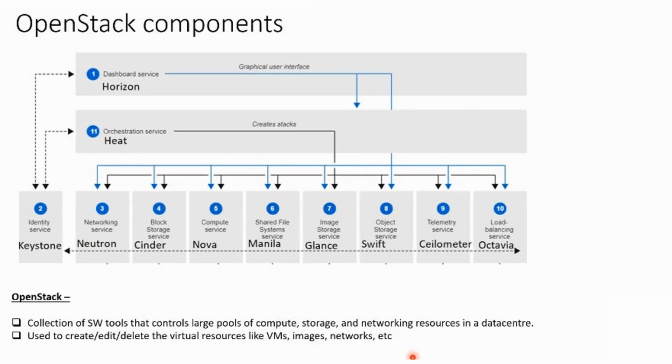If you're coming from a slightly database background, you may have heard about something called CRUD: create, read, update, and delete. Here, we are performing the CRUD operations on, again, the compute, storage, and networking stuff, which is nothing but the virtual machines. You create it, you may want to change it. And again, you create images, you create virtual networks. You may want to update, which is change, you may want to delete, and things like that. So short and sweet, it is performing the CRUD operations is another way to think of it.